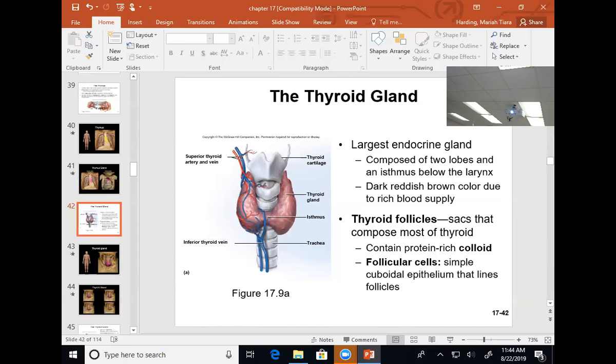Now look guys, if y'all know T3 and T4 right now, for me, that's okay. You probably won't ever have to know the actual names, but you'll just know these are hormones from the thyroid gland. T3 stands for 3 atoms of iodine.